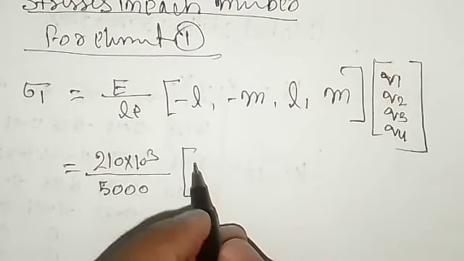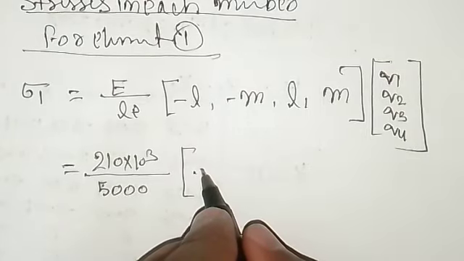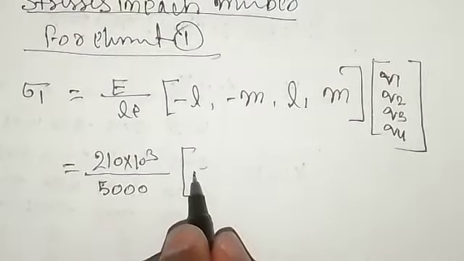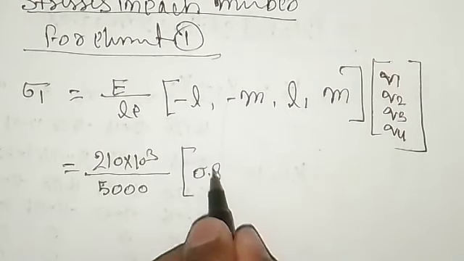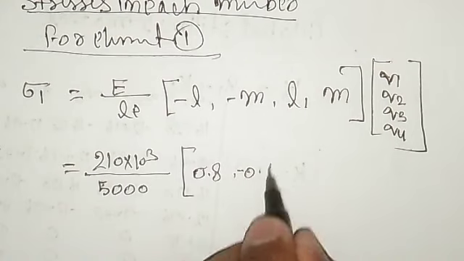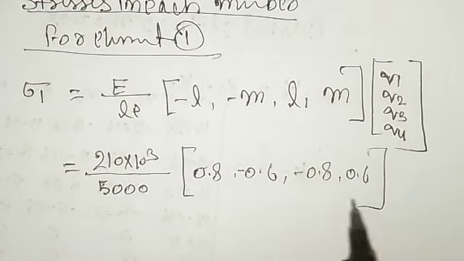That is 0.8. Let me check. Yes, so minus 0.8 means it is plus 0.8. Minus M means 0.6, so it is minus 0.6. This is minus 0.8 and this is 0.6, right?